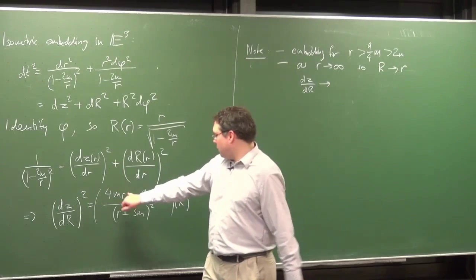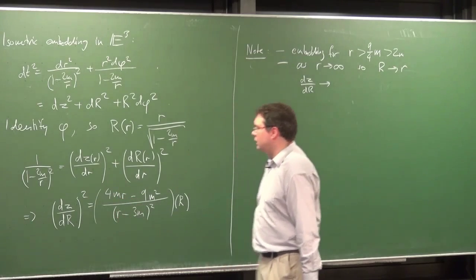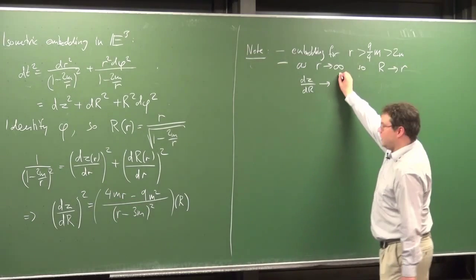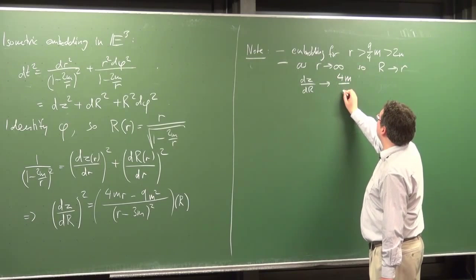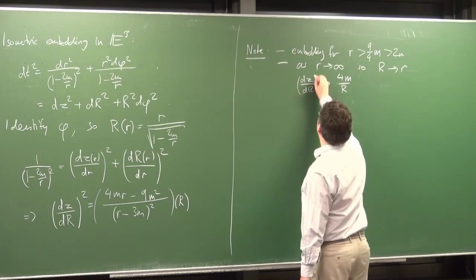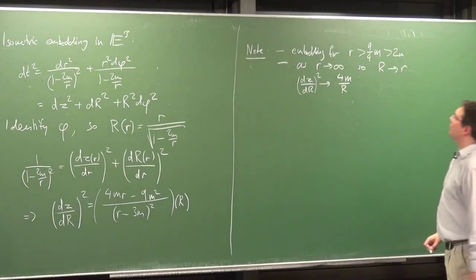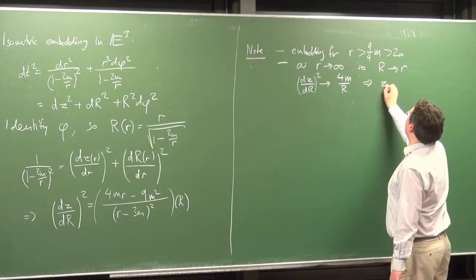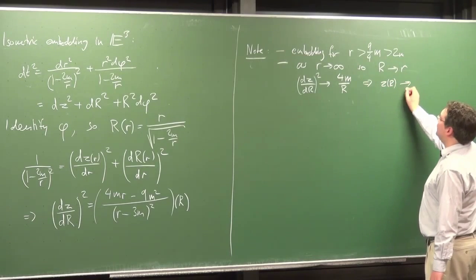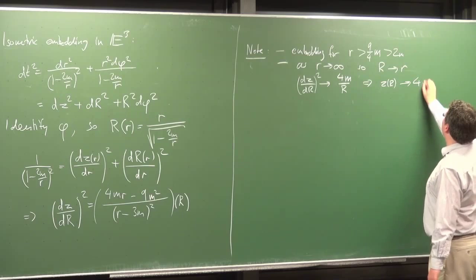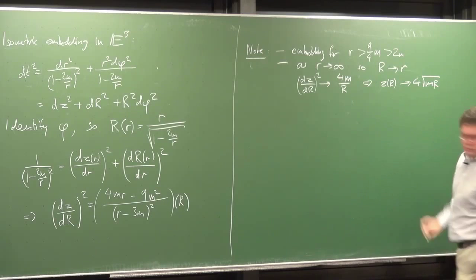Will go to 4m divided by r. So in the limit we can also write it as 4m divided by big R, that's of course squared. Right? So you can see what z of r will look like in the limit. We take the square root. So this looks like 4 square root of mr. Right?